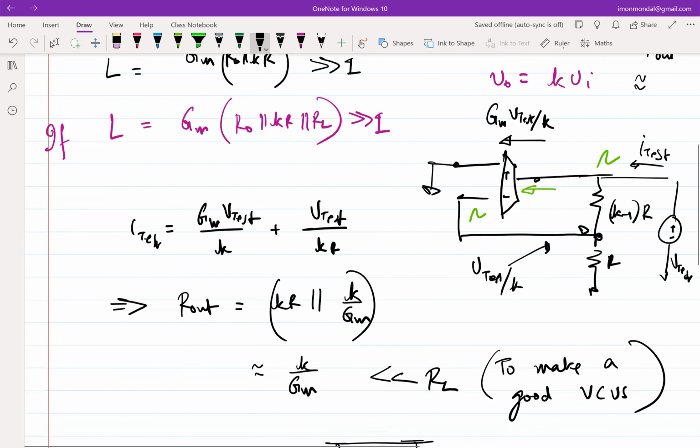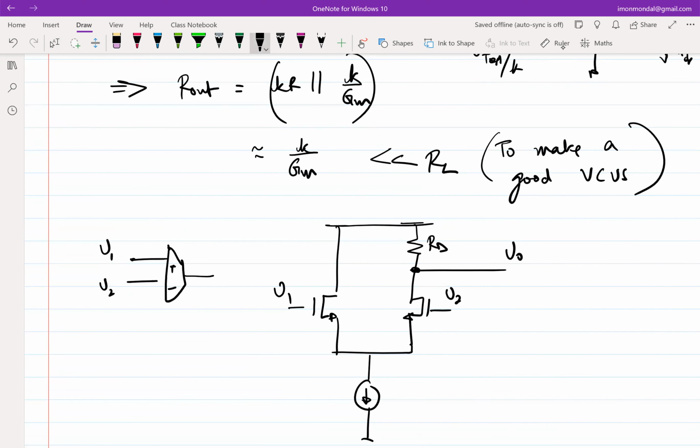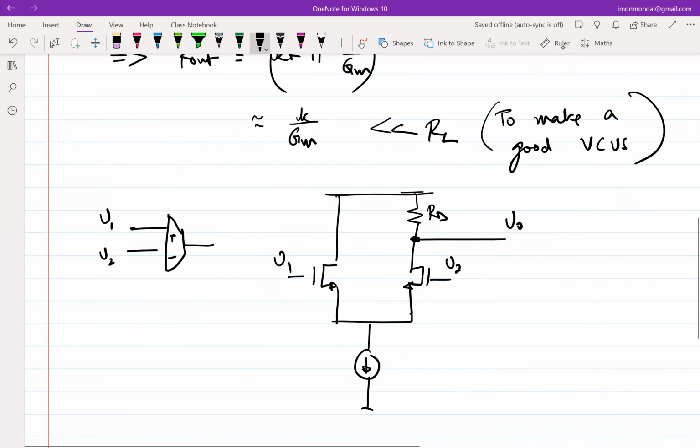Yeah, this is already named, right? This is V0. Now, if M1 and M2 are identical and they both have identical GMs, so what was V0 over V1 minus V2? That is V0 over VE. Let's say this is GM.